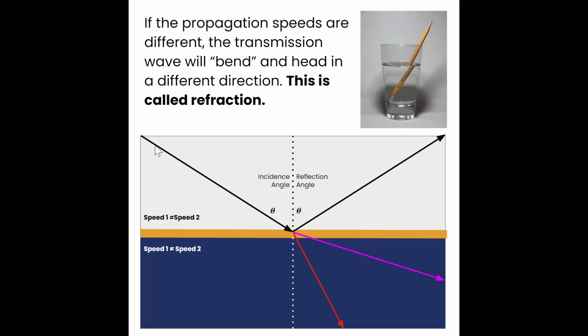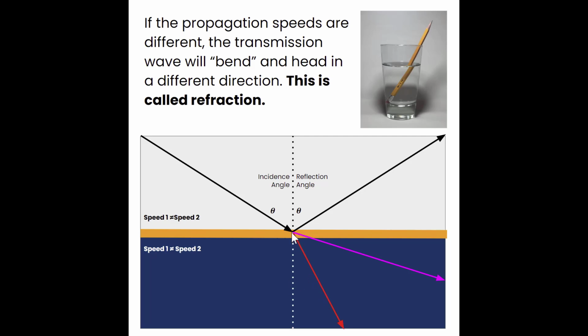So we have our incidence coming in through a medium, at the speed that is dictated by that medium. We're going to get to the boundary. A reflection might occur, and transmission might occur. As that transmission occurs into the second medium, if it is a different speed than medium 1, we might see that it bends to the point where it makes a very wide transmission angle, or it might bend where it makes a very small transmission angle.